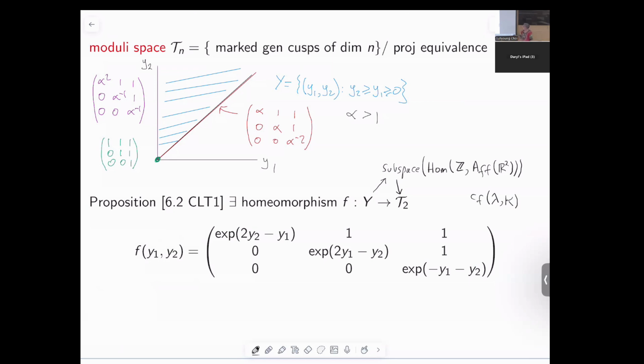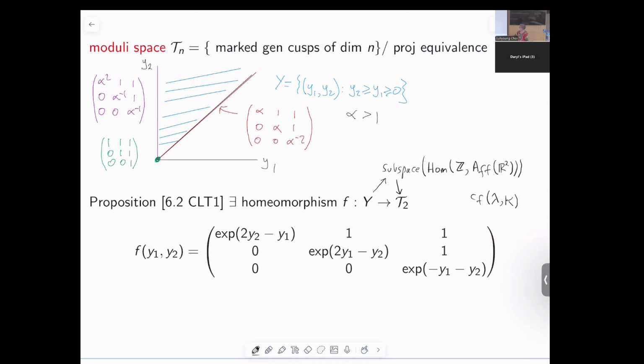There's a homeomorphism in this case from this subset Y of the Euclidean plane to this space. So this space, you can think of it as a space of developing maps up to equivalence. This is some abstract topological space, but it's homeomorphic to this subset of the Euclidean plane.